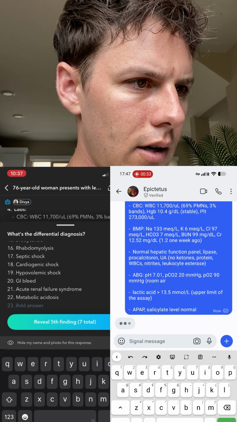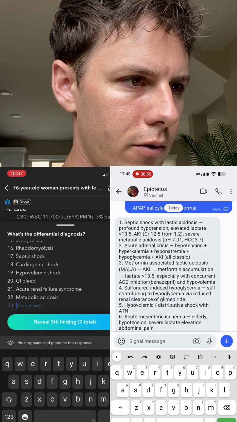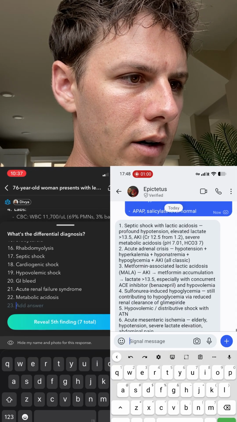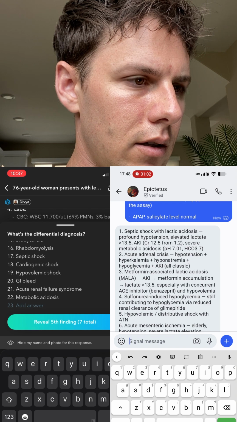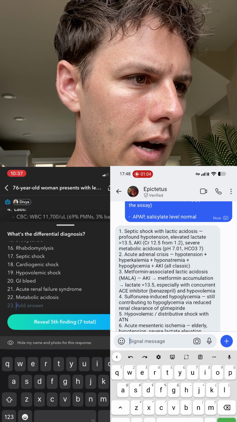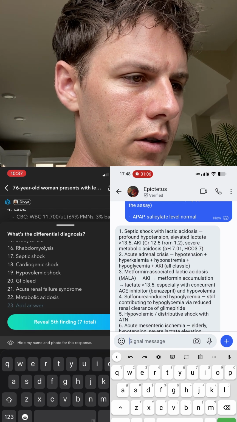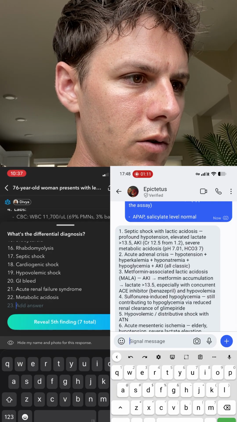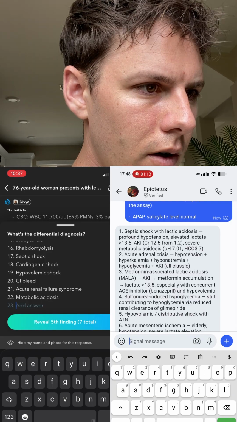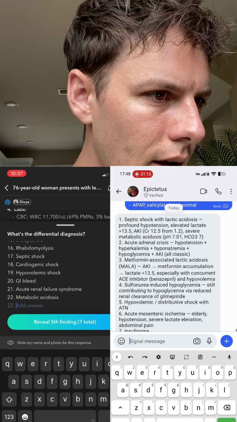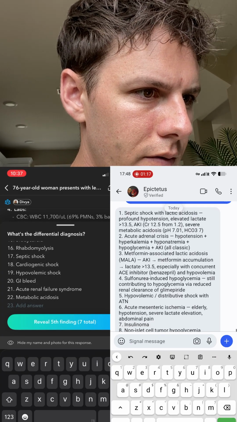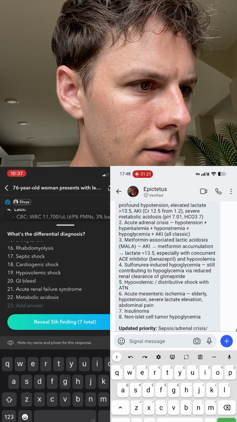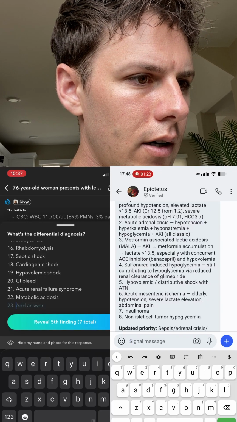Now, the first differential it offers is septic shock with lactic acidosis, profound hypotension, elevated lactate, AKI, severe metabolic acidosis. Second is acute adrenal crisis. Third is metformin-associated lactic acidosis, sulfonylurea-induced hypoglycemia, hypovolemic or distributive shock with ATN, acute mesenteric ischemia, insulinoma, and non-islet cell tumor.